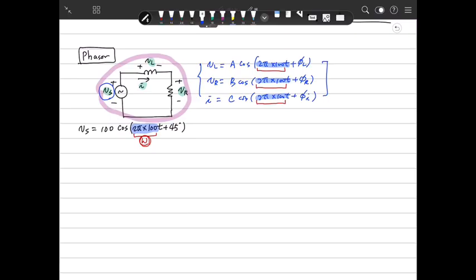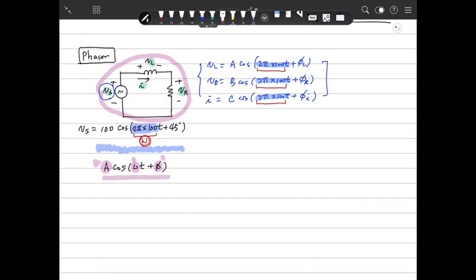Then if the source is sinusoidal, there are three unknown variables: the magnitude, the omega t, and the phase. So we would need to calculate all of these variables.